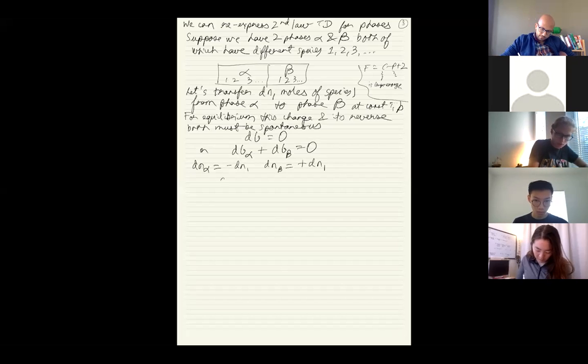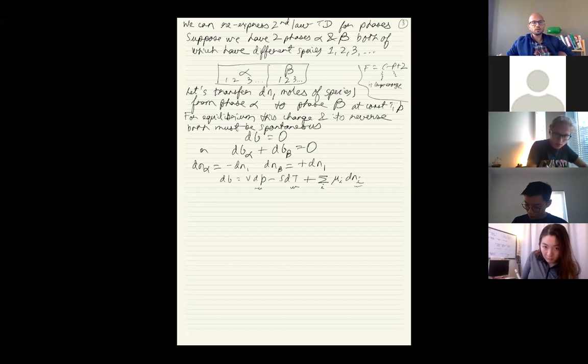We also have dG equal to V dP minus S dT plus sum of mu_i dn_i, right? But pressure is constant, temperature is constant, and dn_i is 0 for all i not equal to 1.